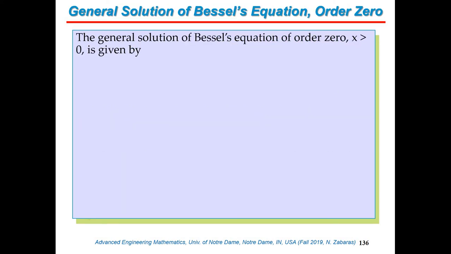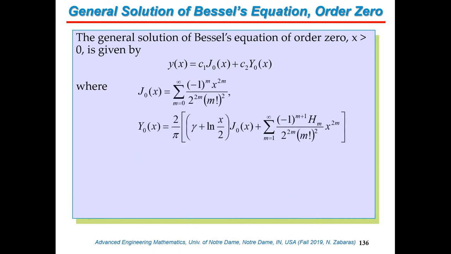Okay, so the general solution of the Bessel's equation of order 0 is obviously a linear combination of J0 and Y0. I am summarizing the two solutions, the two Bessel functions of the first and the second kind.